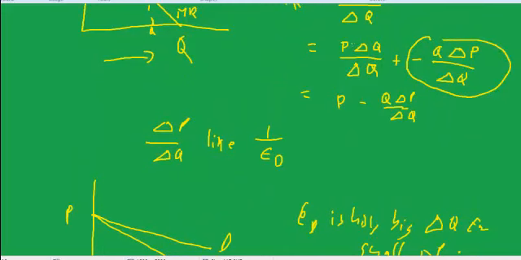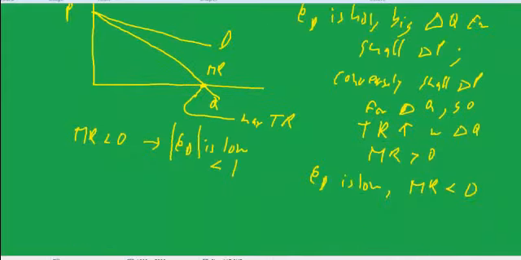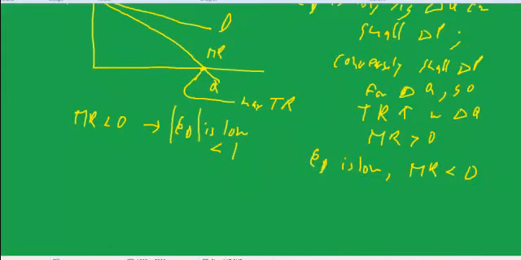In some sense, this is what you could get if you could stay at the same price, but you have to lower your price a little bit to sell more output, and so that's why marginal revenue is below demand.